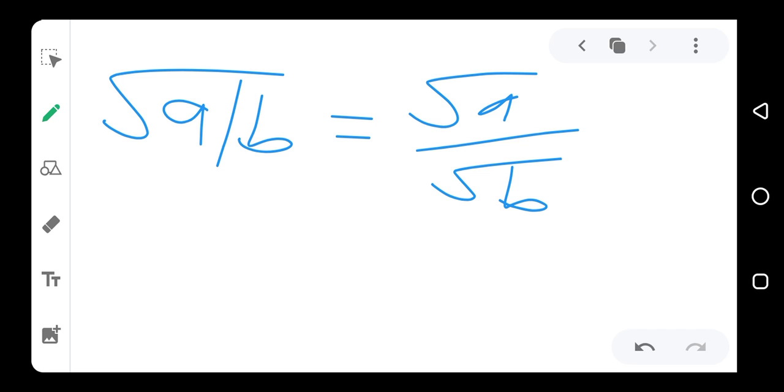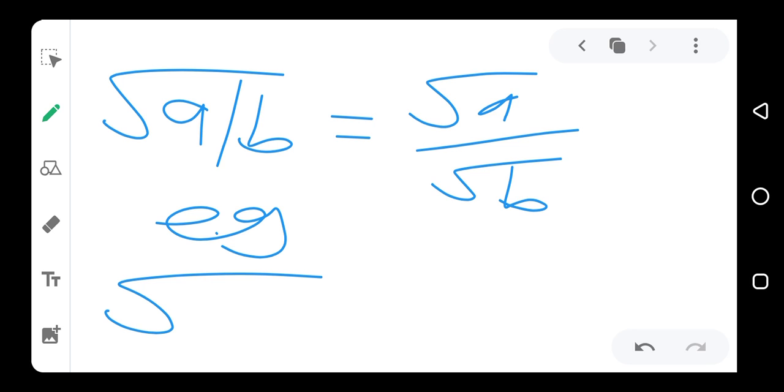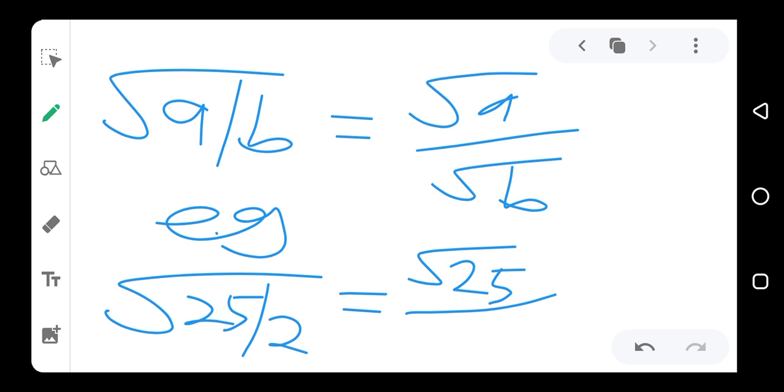Example, root of 25 over 2. If we have root of 25 over 2, to solve this, we separate two of them, so we have root 25 over root 2.